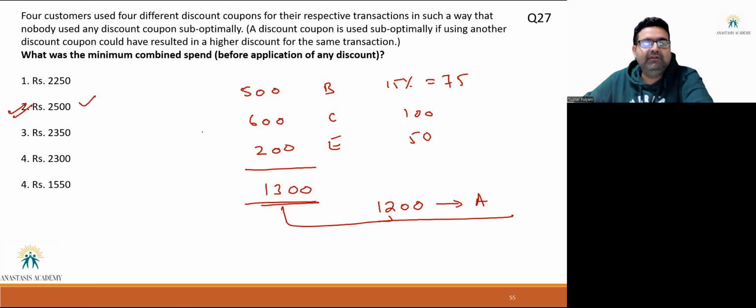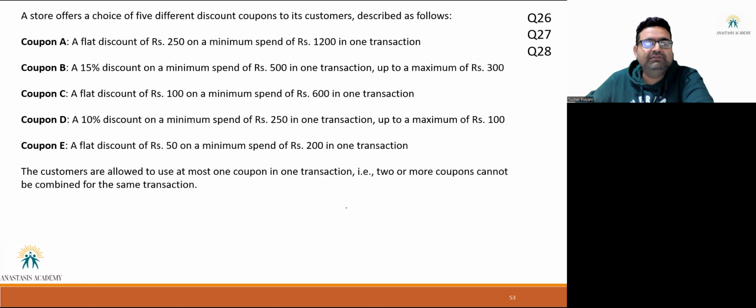So what I could have done in this question was, instead of 1200, if the other customer had spent 1000 rupees. Why I'm taking 1000 is, look at the discounts. I had already used coupon B, coupon E and C. So I was supposed to choose between A and D. If my spend was only 1000 rupees, coupon A is not applicable to me, right? Because it is applicable on a minimum spend of 1200.